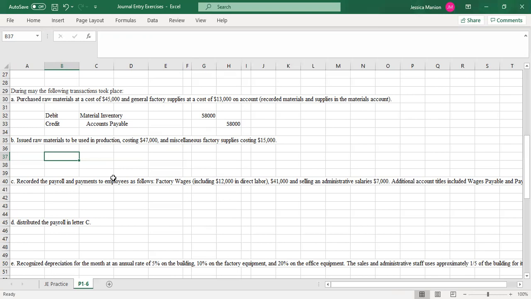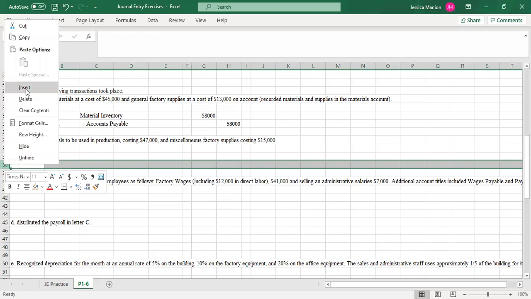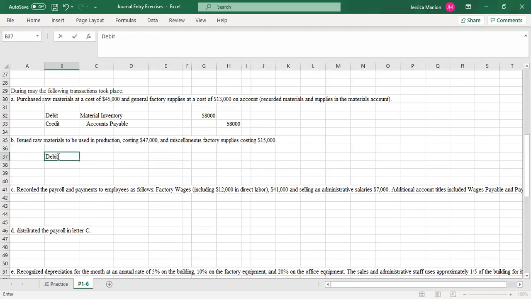So issued raw materials to be used in production costing 47,000. So that's our direct materials. And miscellaneous factory supplies costing 15,000. That's our indirect materials. So I want another line here. Let me insert another row. Okay, so we're going to debit work in process inventory for the direct material, 47,000.